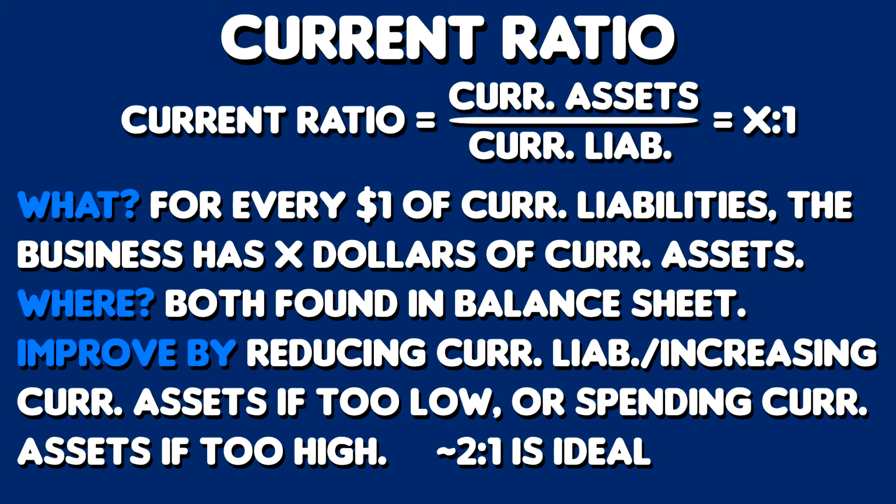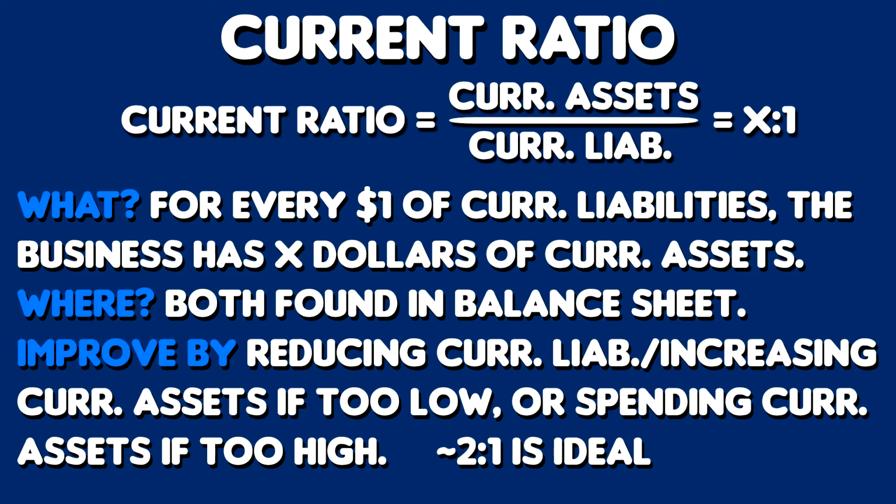And to improve this figure, if it is too low, say if it's between 1 to 1.5 or 2, you can either reduce your current liabilities by using your cash to pay off some of those debts, or increase your current assets.